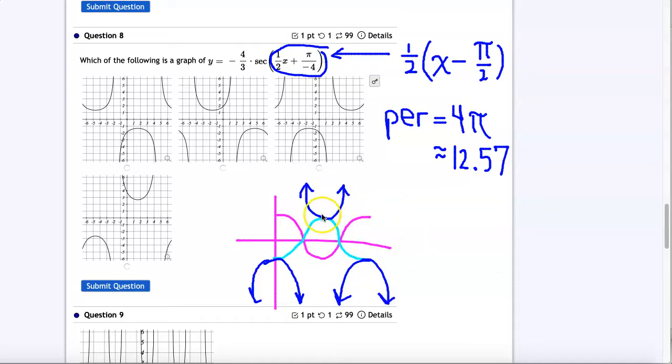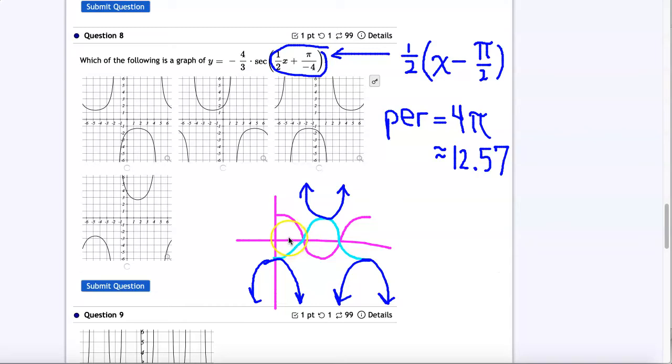So we're going to be looking for a graph that's going to match this, and this is going to be shifted to the right by π/2. And π/2 is only 1/8 of the period. So we're going to look for this graph shifted over just a little bit.